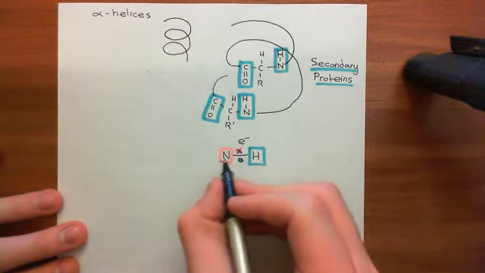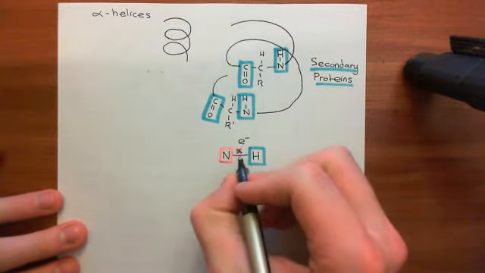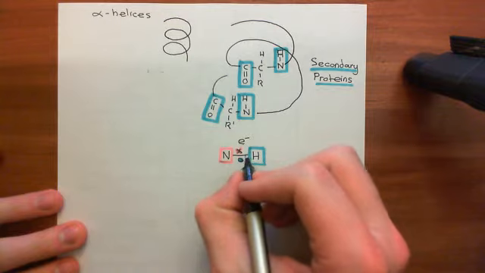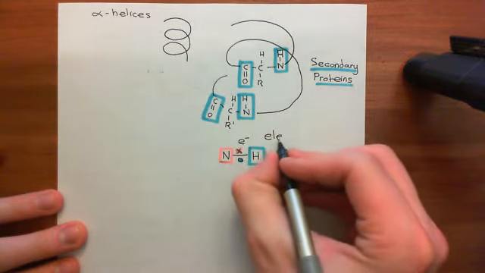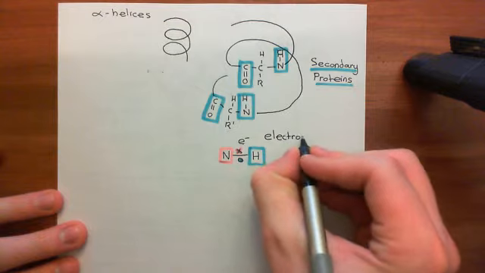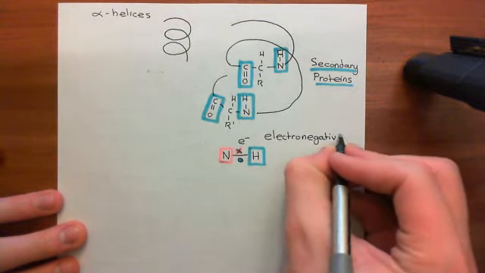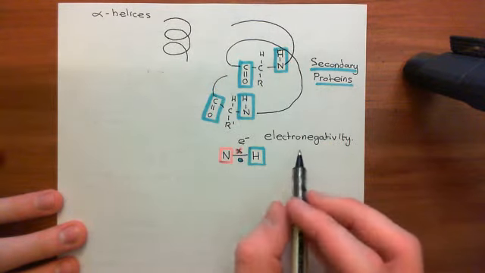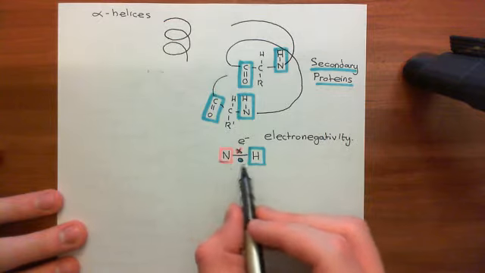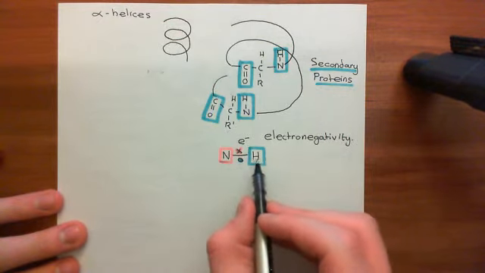So, basically, it's quite complicated to actually work out which of these two atoms is going to attract the electrons more. But we have a big word that means how good an atom is at pulling electrons within a covalent bond towards it, and this is electronegativity. So the answer to this question is that nitrogen is better at pulling the electrons towards it than hydrogen.